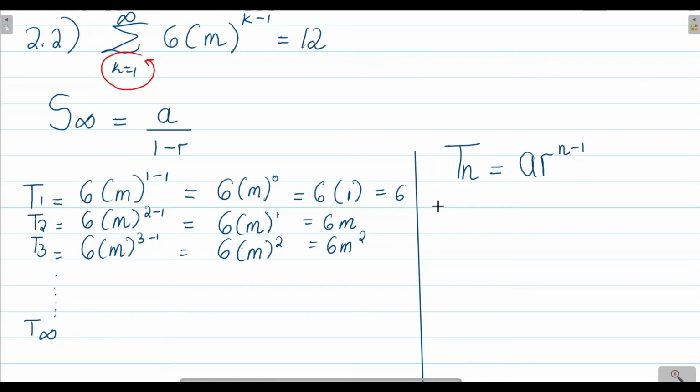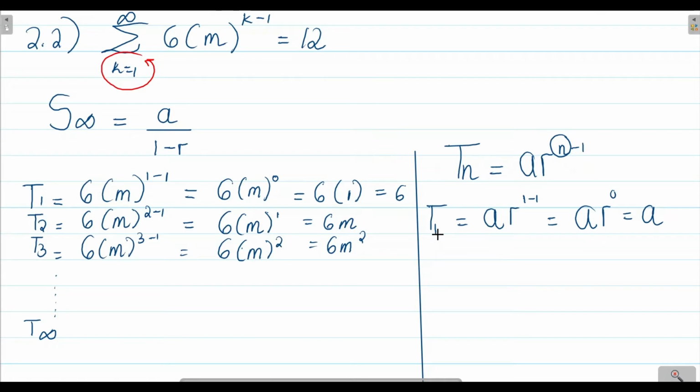To get your first term, T1, you substitute 1 where you've got n, so it's a r to the power of 1 minus 1, and anything to the power of 0 is 1, so it's equal to a.